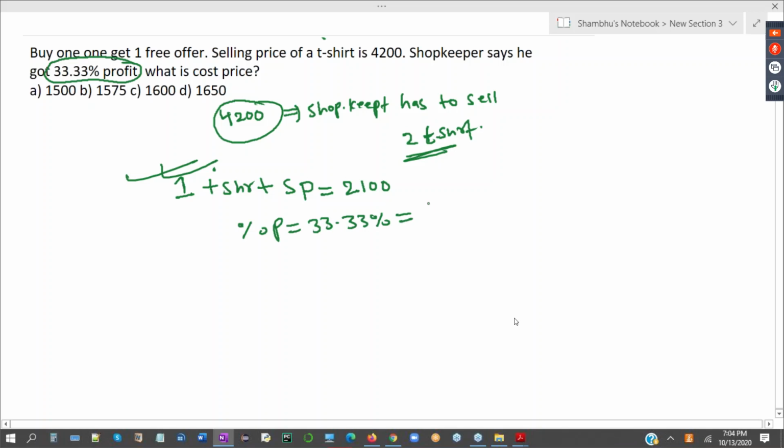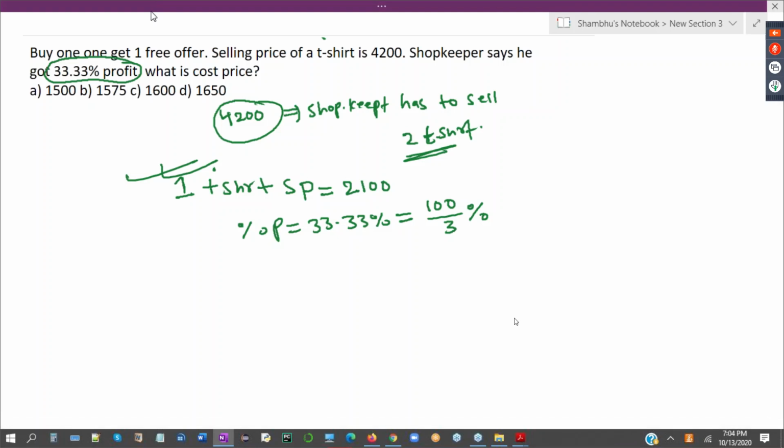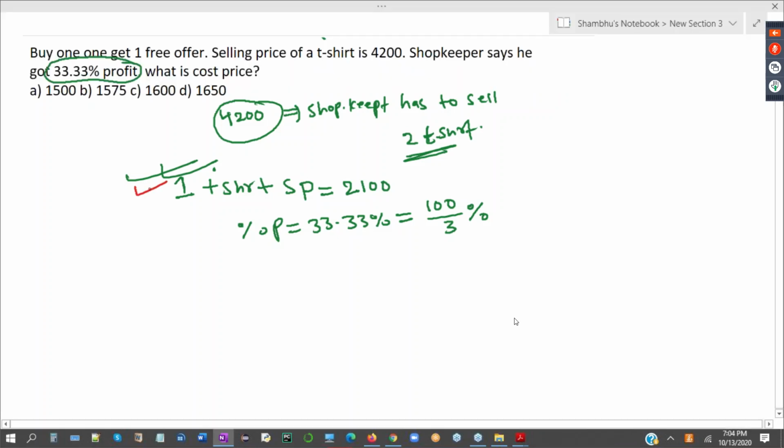Can I say 33.33% is also 100 by 3%? So now we have selling price given, we have profit percent given. We have to find out the cost price of one t-shirt.